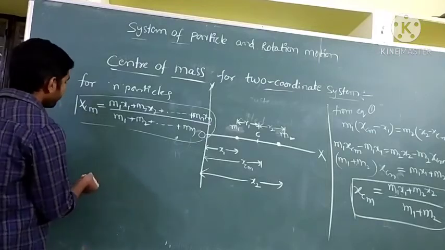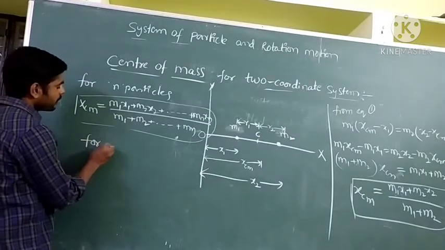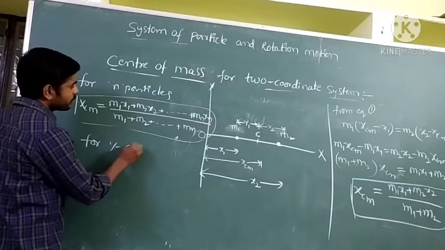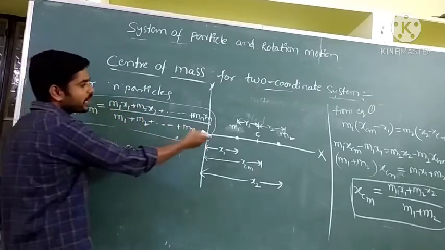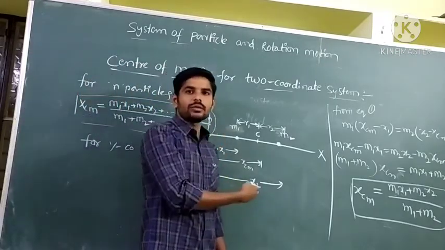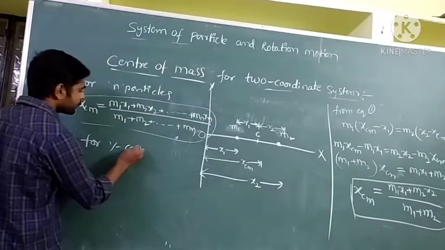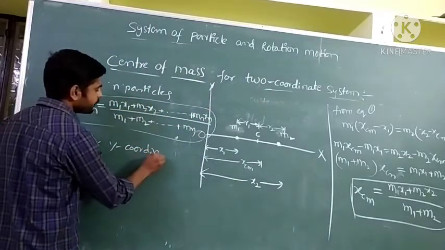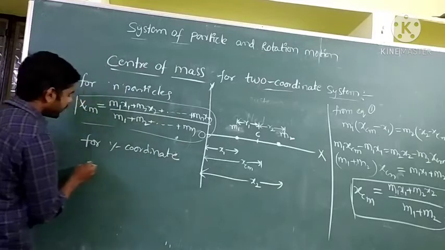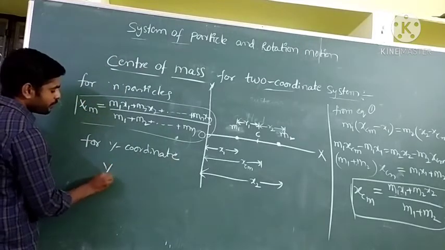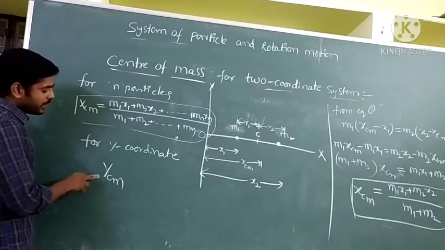And similarly for the y coordinate system also. This is only the x coordinate, we are taking the x axis, but there is a y axis also. For the y coordinate system, what about the position of the center of mass? Here it is ycm.